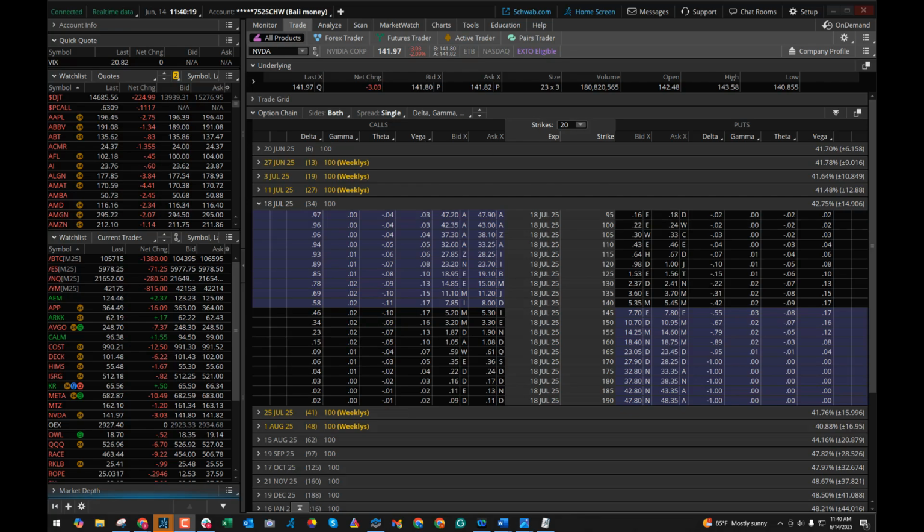So think about this. Let's go back to our example here, and let's look at a 140. As you can see on our Vega, you see that 17 cents?